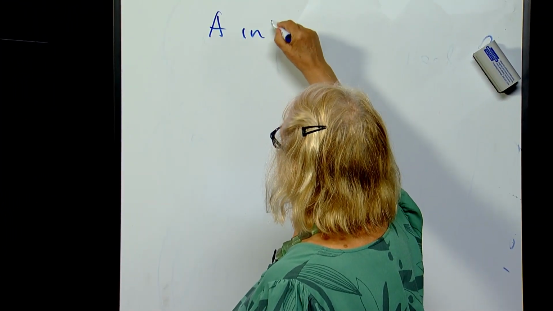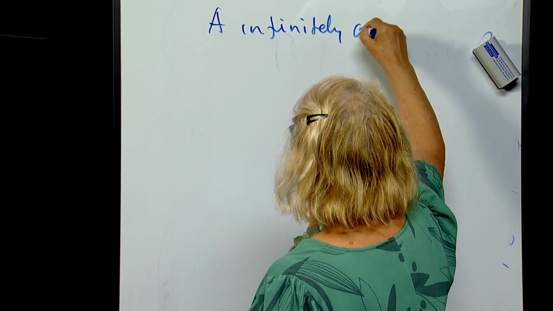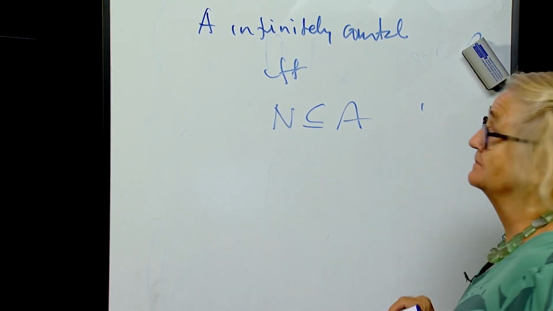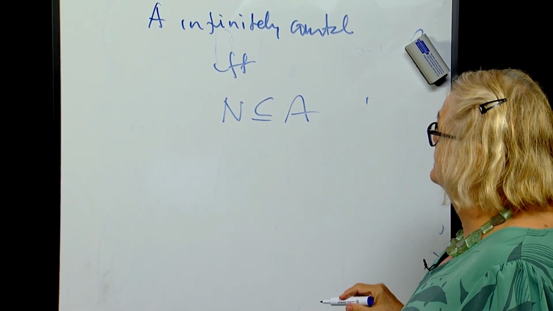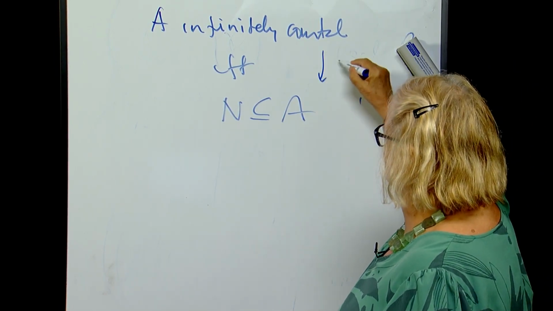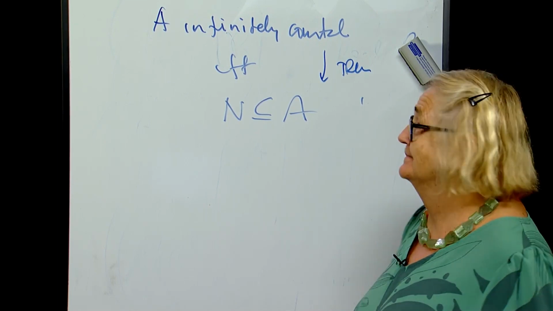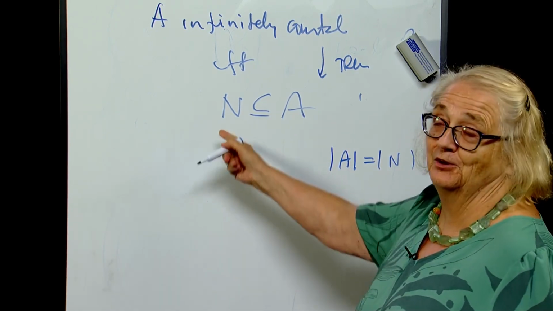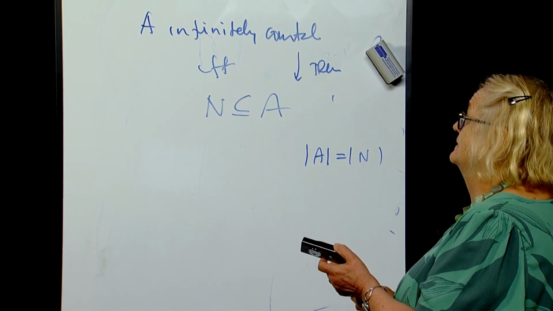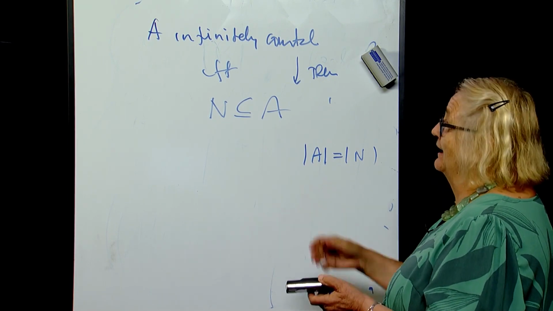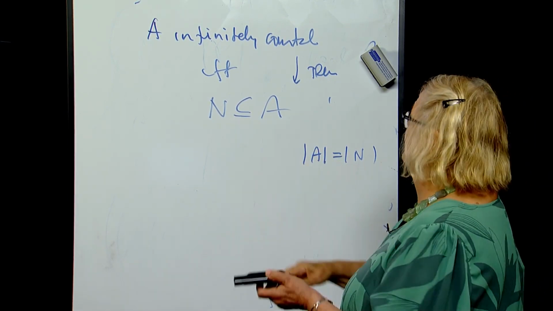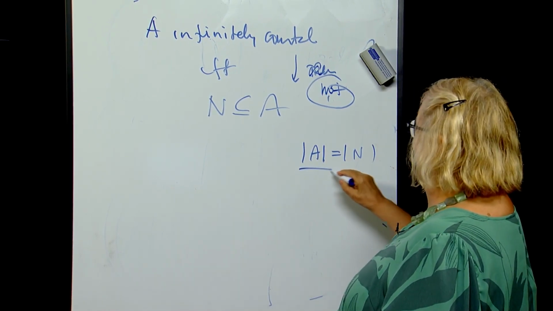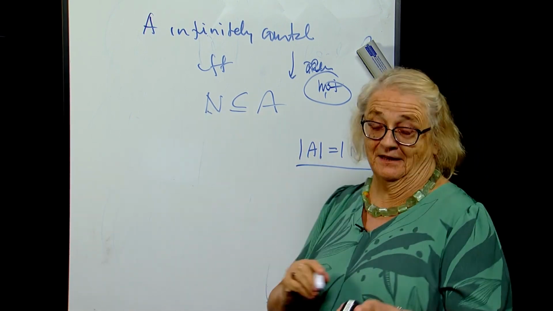Of course, in this direction it is true, because infinitely countable means the cardinality of A equals that of n. But in particular, it's also not true, because you can have a set which does not have n as a subset: the fact that A has as many elements as n doesn't mean that n is a subset of it.